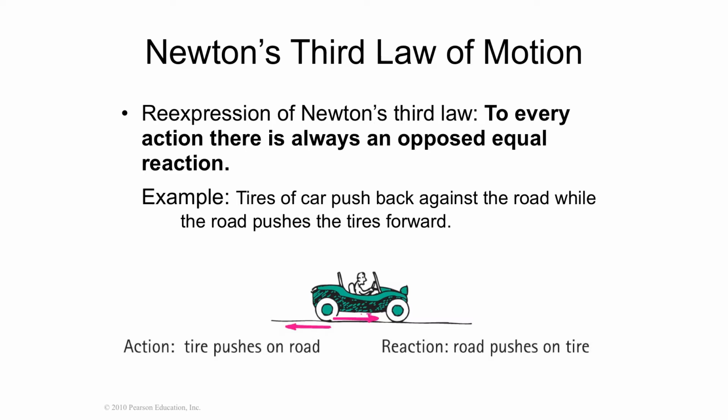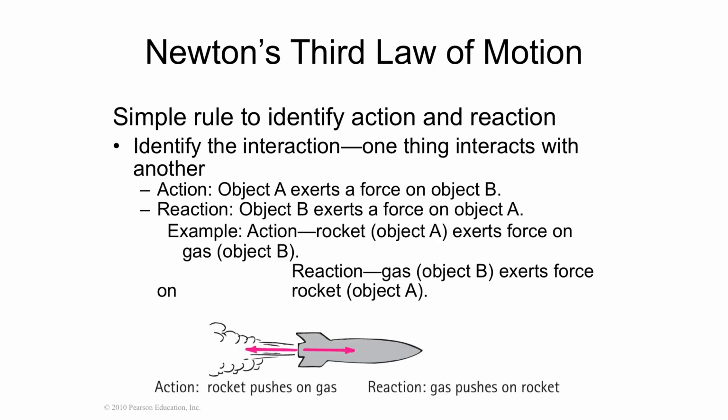The tires are exerting a force onto the road because of the axles of the car. The road then is actually pushing the car along due to its friction force. So sometimes they're easy to see, and sometimes they're not so obvious.